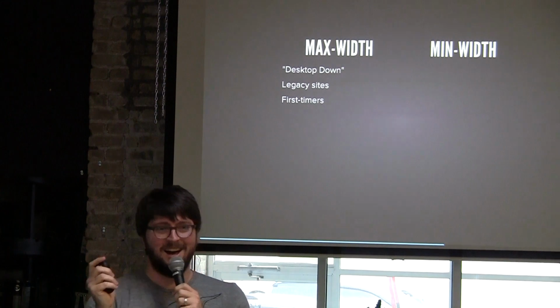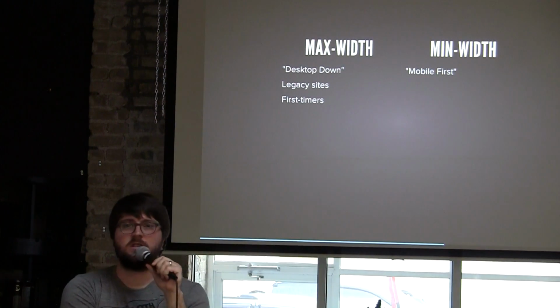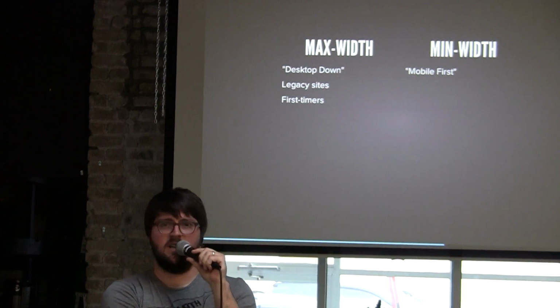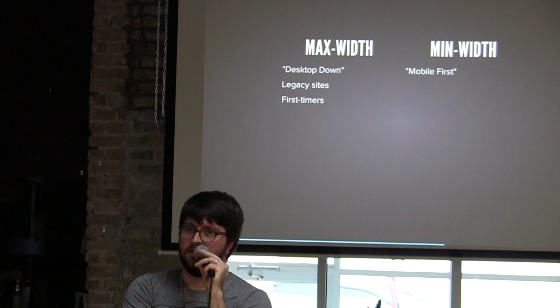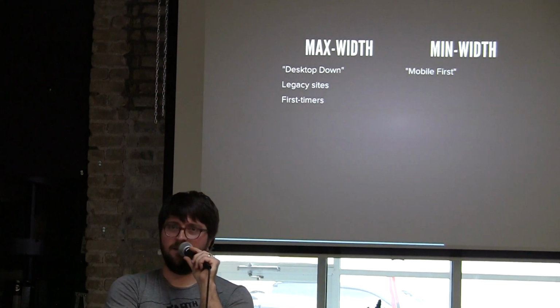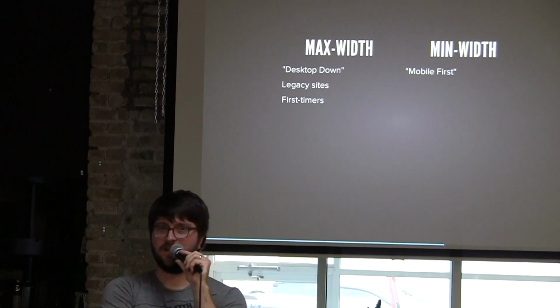So min width is mobile first. You just assume the min width of any browser is 0 pixels, which is sort of an impossibility. I'll let you stew on that. It's sort of like, can God build a rock bigger than he can lift? But can a browser be 0 pixels? Big question.